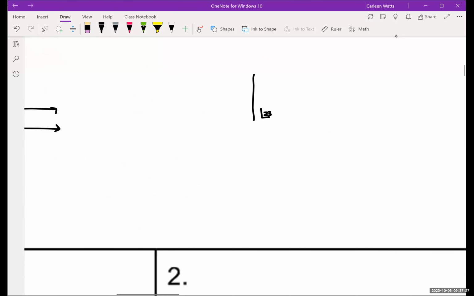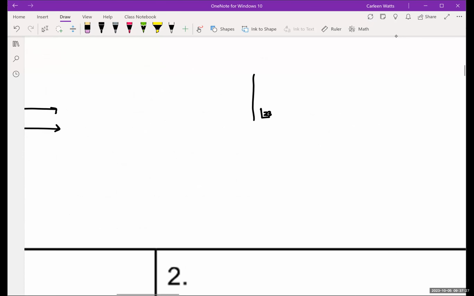Angle 3, with angle 7. Angle 4 is corresponding with angle 8. Awesome. So you're thinking of these words: top left, bottom left, top right, or bottom right. That's how you determine corresponding angles.